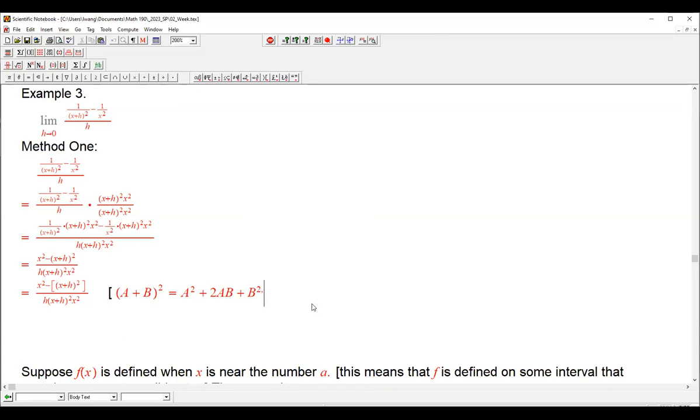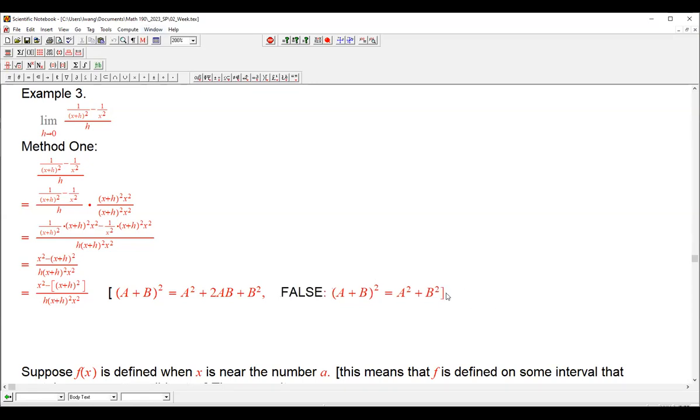Remember that common mistake we've talked about many times over, right? If you drop the 2ab, you're making a mistake. (a plus b) squared equals a squared plus b squared, that's false. Just be warned, okay?